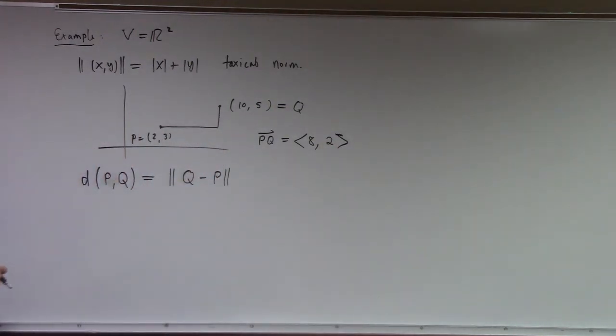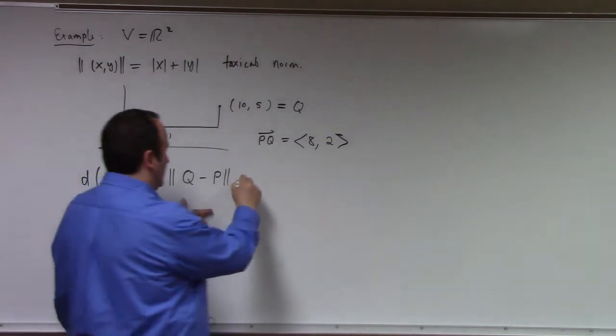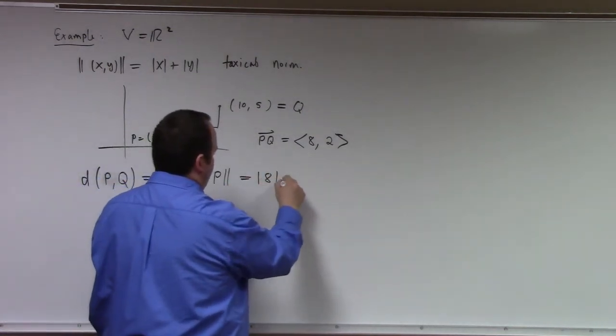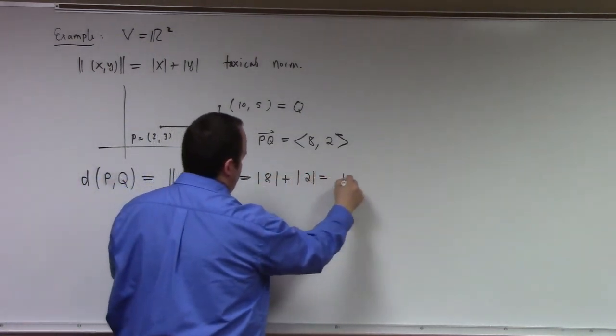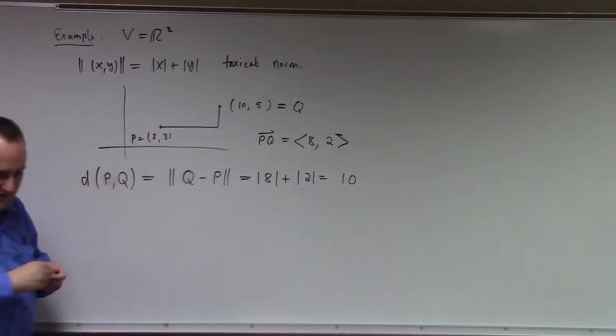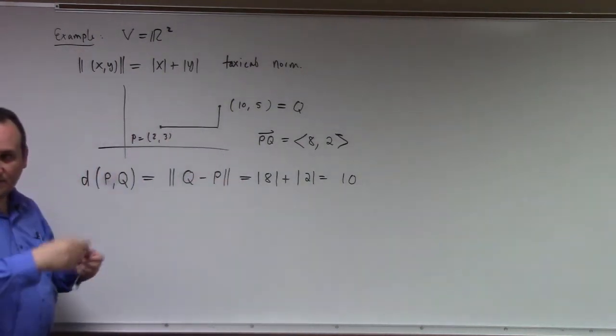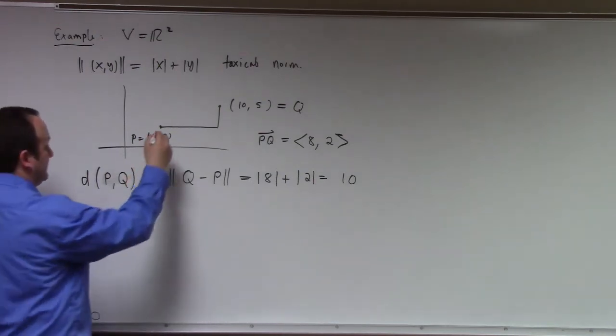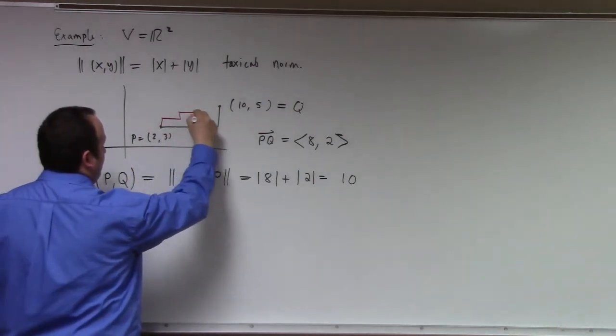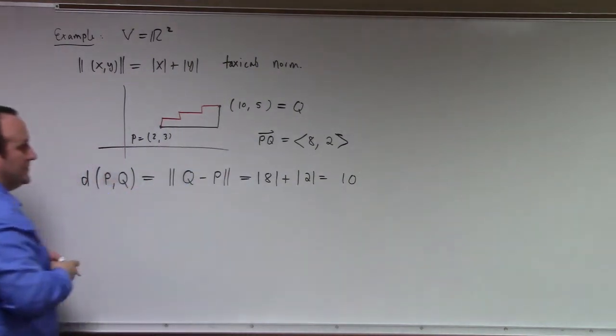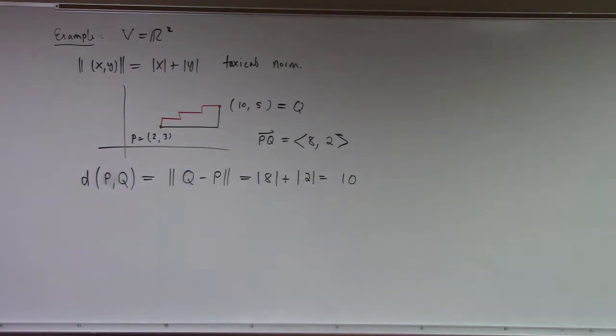So this is the absolute value of 8 plus the absolute value of 2, which is of course 10. The thing about taxicabs is they have to travel streets, and the streets are always laid out in a north, south, west, east grid. So it wouldn't matter if you drove that way or this way, it'd still have the same distance of 10 in the taxicab norm.